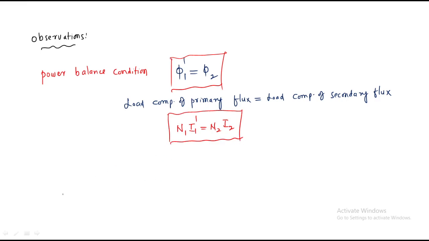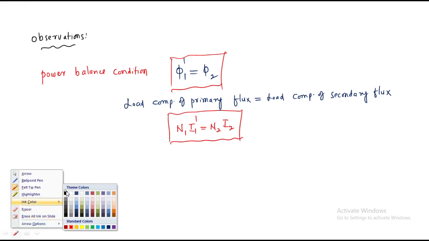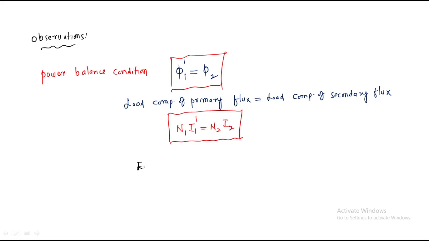From this we know that V2 by E1 equals N2 by N1, and N2 by N1 equals I1 dash by I2, which equals K, the transformation ratio. Have you modified the terminologies in the earlier lecture? If you have not, just do the modifications. So K is nothing but the transformation ratio.